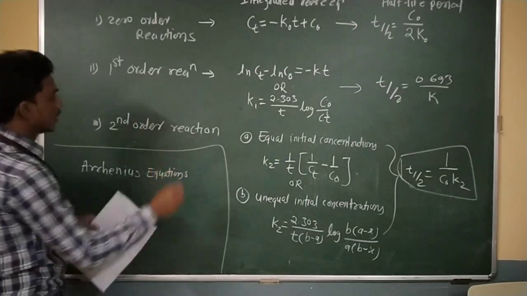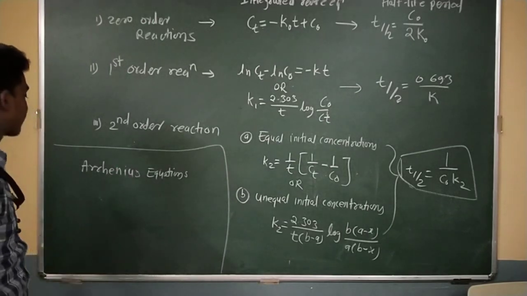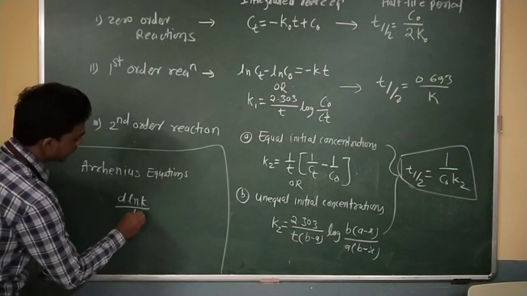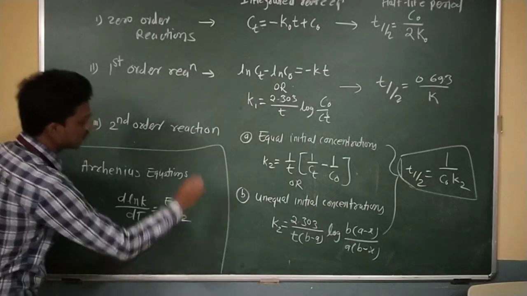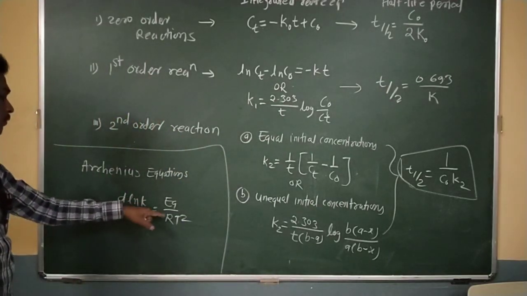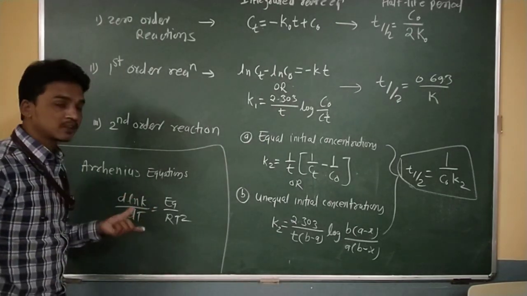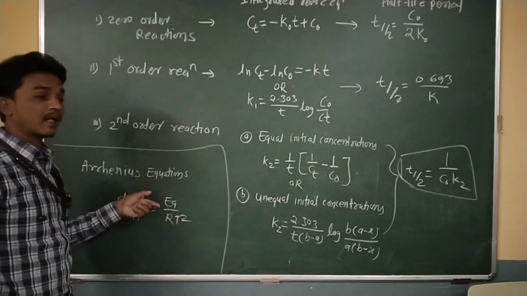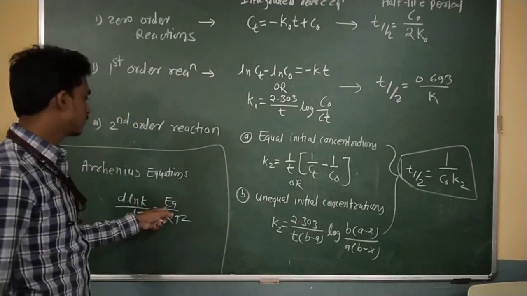These equations we will use to calculate the energy of activation. The Arrhenius equation is like that: d ln k upon dT is equal to Ea upon RT square. So we can calculate by using these equations the energy of activation. And integration methods we have covered, and by using these integration methods we will calculate the energy of activation.